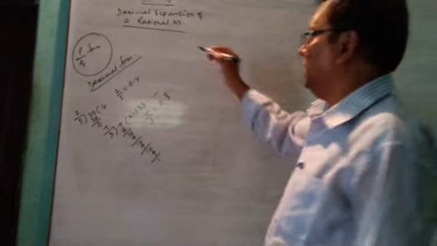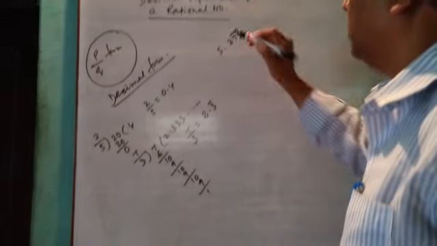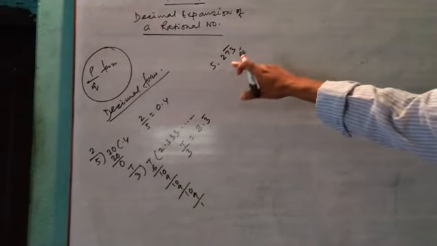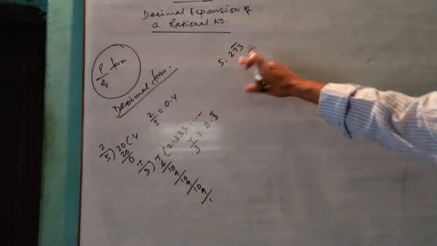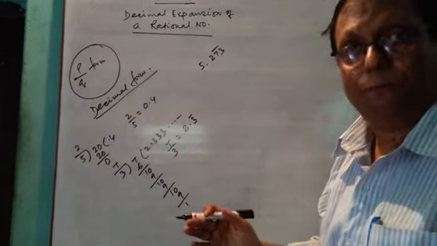If any number is given as 5.273 recurring over 73, and it is asked whether it is a rational number or an irrational number, you will say it is a rational number. Two types of rational numbers we are getting then in the decimal form.